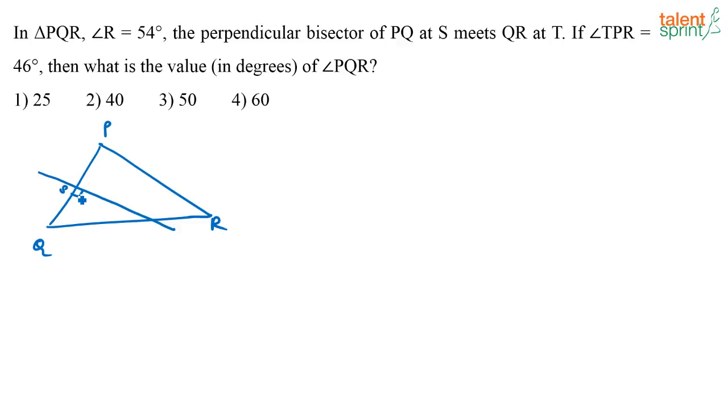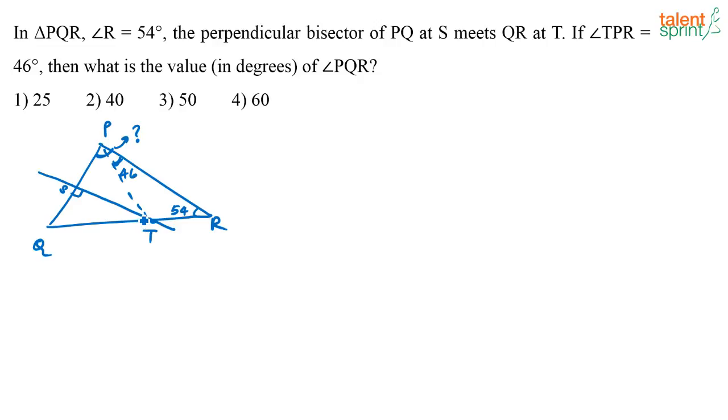This is S, and the perpendicular bisector is meeting this line QR at a point T. Now it is given that this angle R is 54 degree, and angle TPR, if I join these lines, this angle is given as 46 degree, and you have to find the value of angle PQR. This is what you have to find. So how do you solve this question?